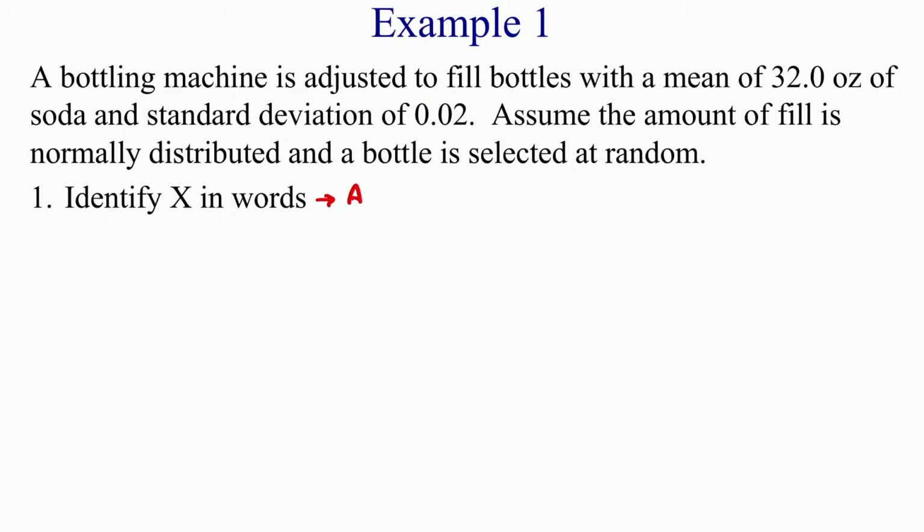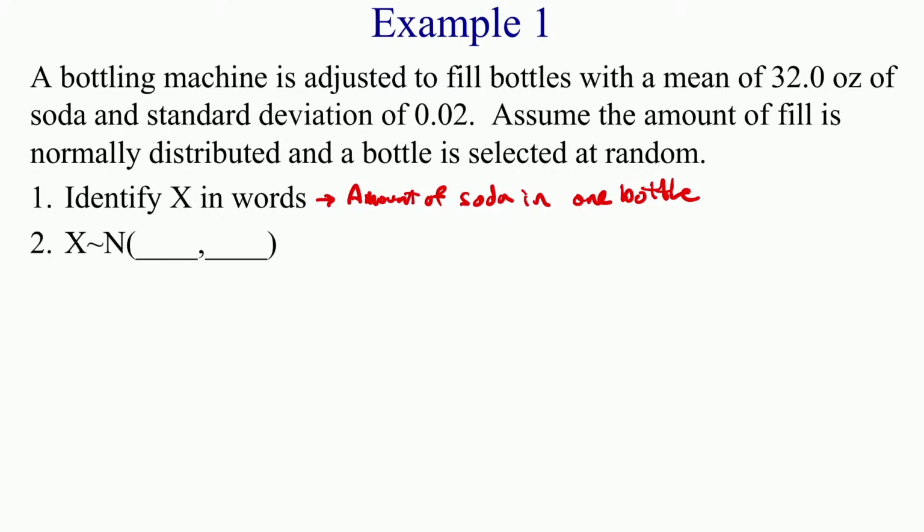You're measuring the amount of soda in one bottle. You choose a bottle, and the amount in that bottle is X. We can't predict exactly how much soda is in the bottle, but on average there will be 32 ounces, and the standard deviation is 0.02, so it's not very spread out.